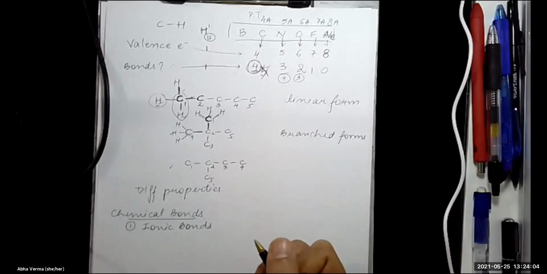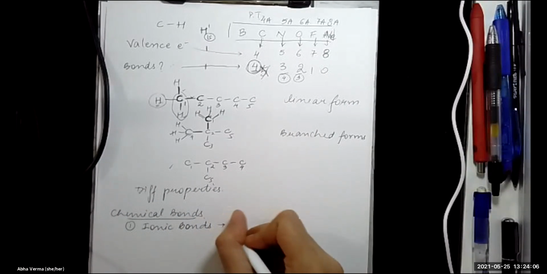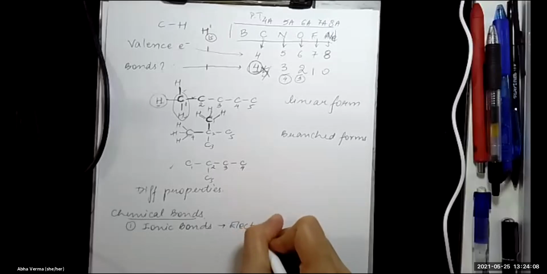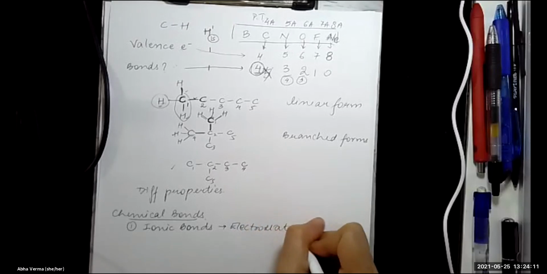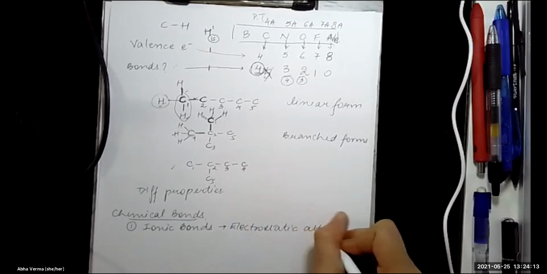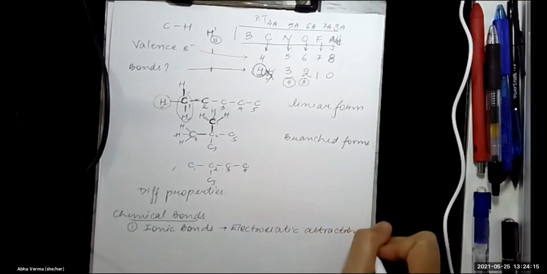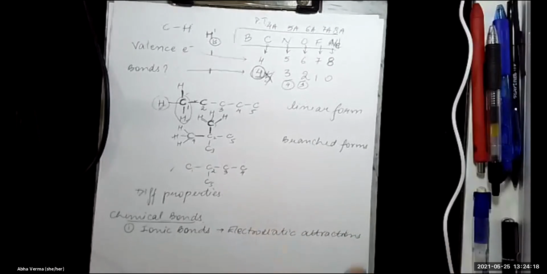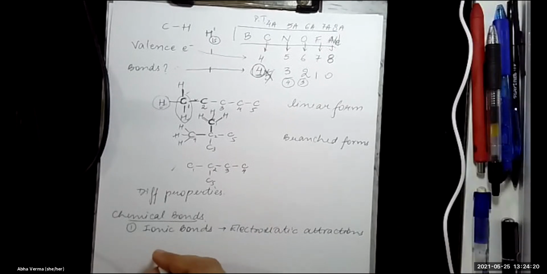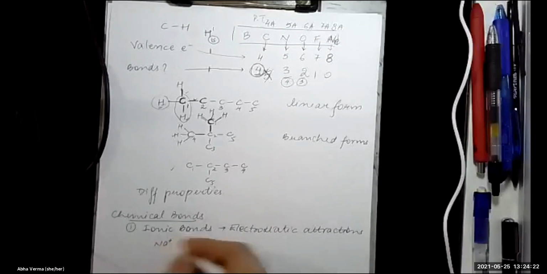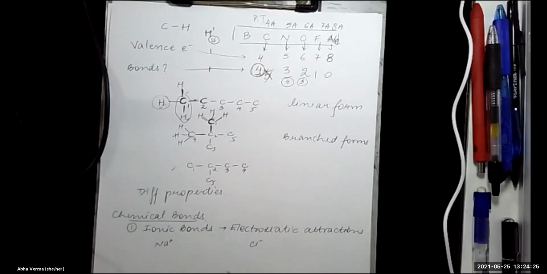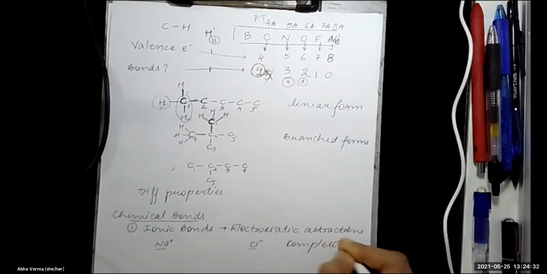The most popular ones are the ionic bonds. Ionic bonds are the electrostatic attractions. And if you look at the periodic table, which all of us should always have, between metals and non-metals there is definitely a complete or formal charge.